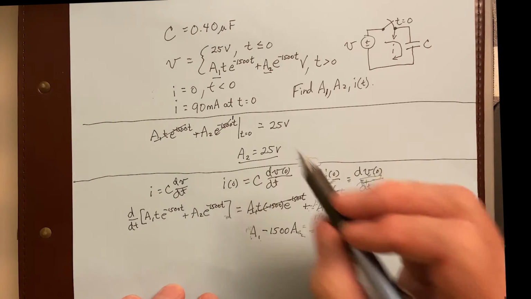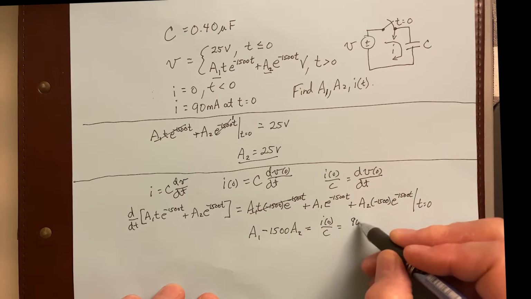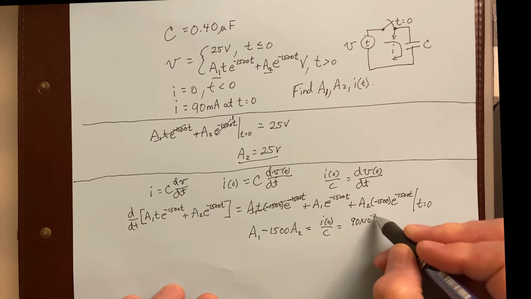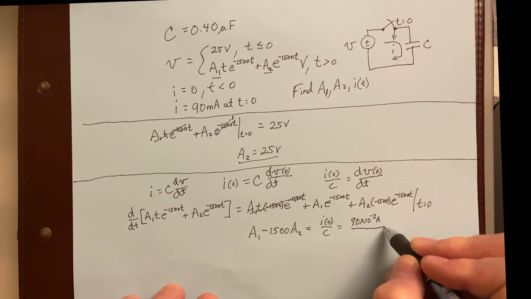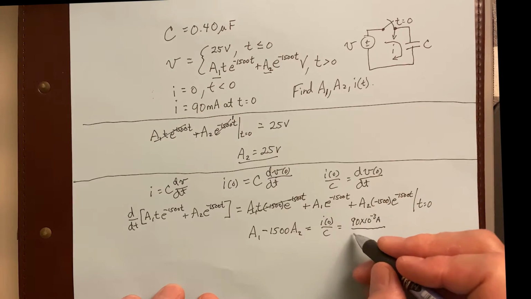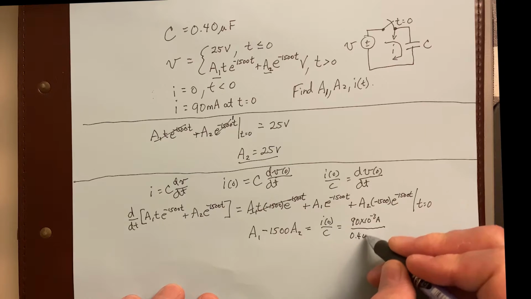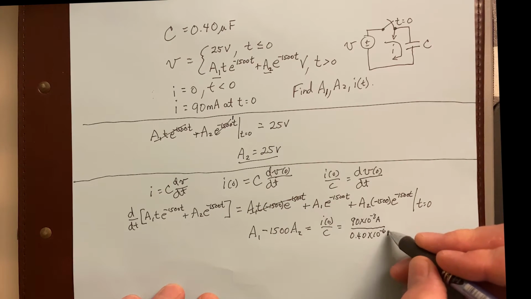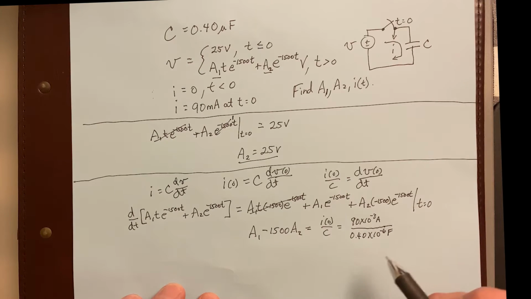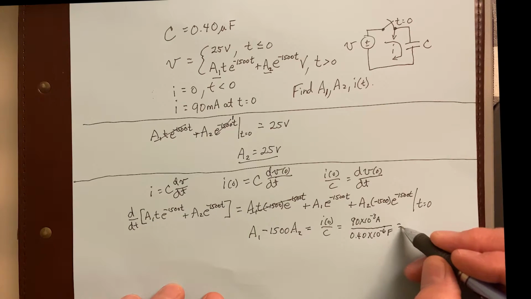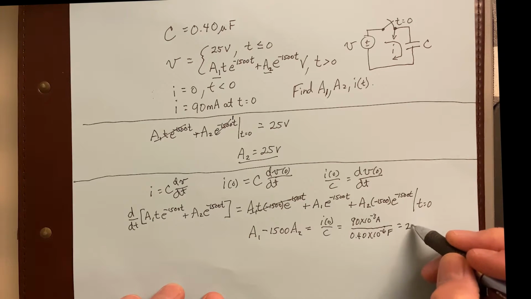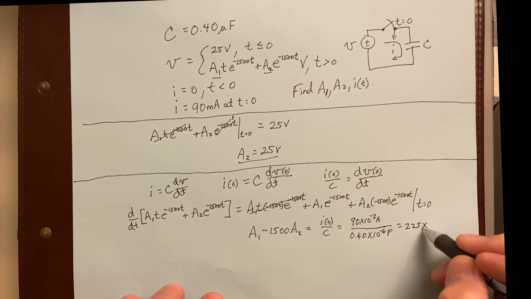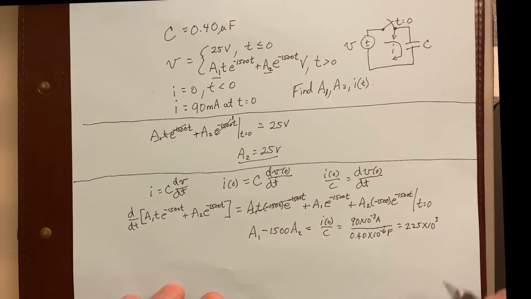All right, well, i at 0 is 90 times 10 to the negative 3 amps divided by C, and C is 0.40 times 10 to the negative 6 farads. You evaluate those two things right there. My calculation tells me that that is 225 times 10 to the third.